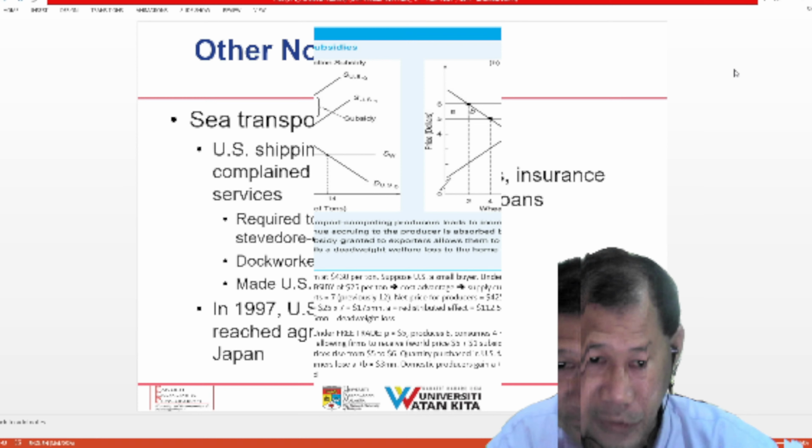US shipping companies serving Japanese ports complain of a highly restrictive system of port services, required to clear every detail of visits with Japan's Stevedore Company Association. Dock workers were available only 18 hours a day or less, which made US goods more expensive in Japan. In 1997, the United States and Japan, on the brink of a trade war, reached an agreement to liberalize port services in Japan.